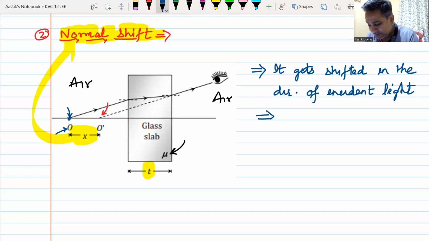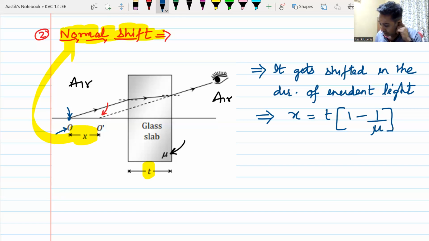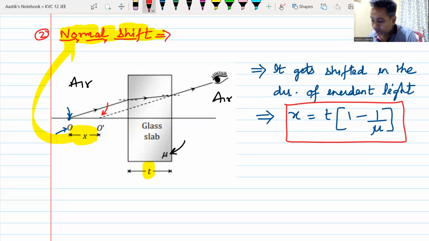How it comes does not matter. What matters is that you know how much it has shifted, and the amount it has shifted, X, is given by this formula, T multiplied by 1 minus 1 by mu. What is T here? Thickness.